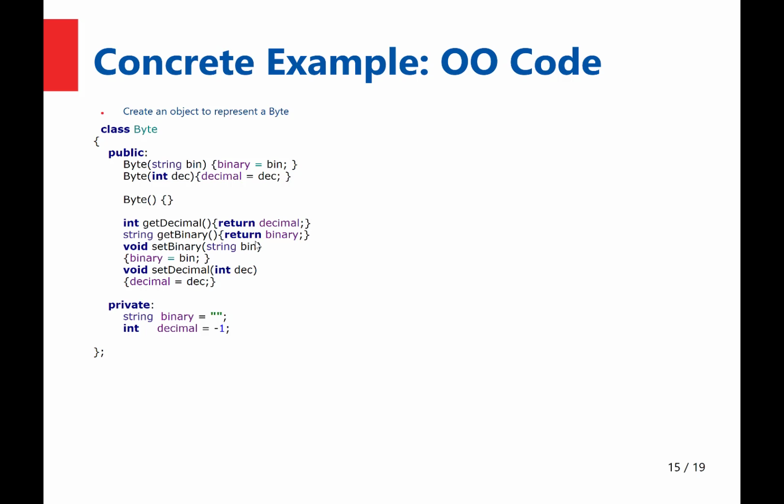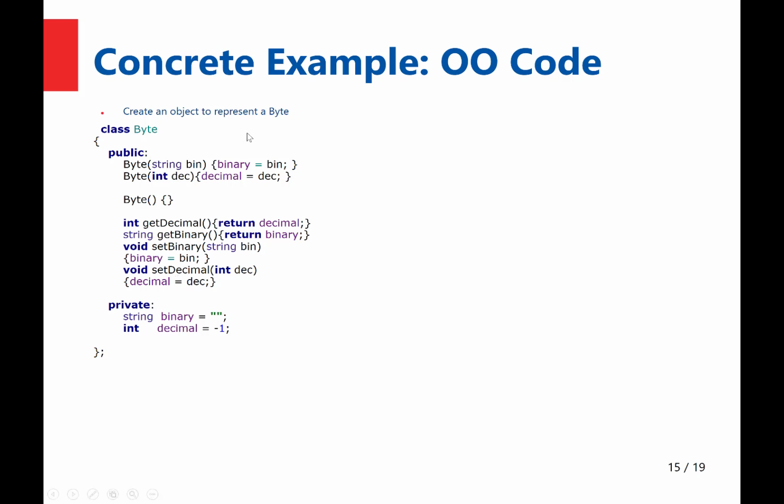So let's for now just say we created a byte object, and all these methods make this byte class work. I'll just talk about the methods, right? So we have a get decimal and a get binary, and we can even set binary, set decimal, but for now that does not matter.